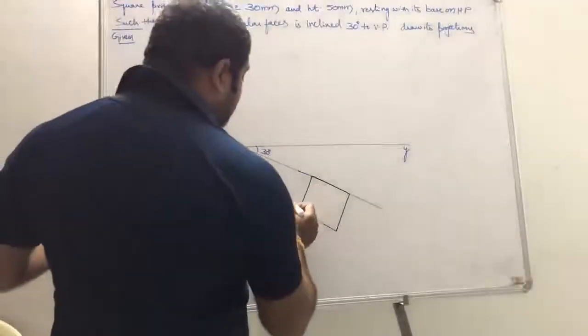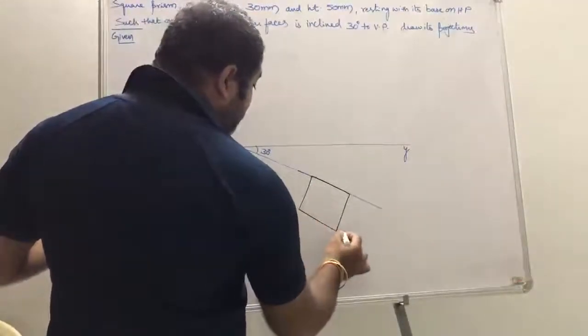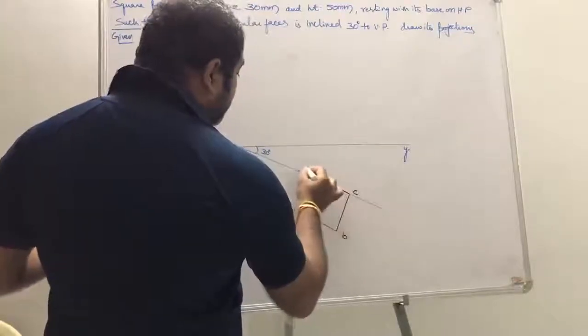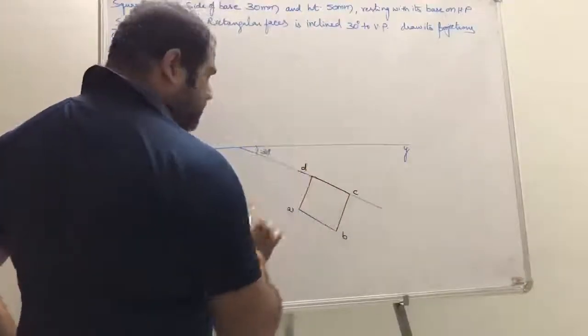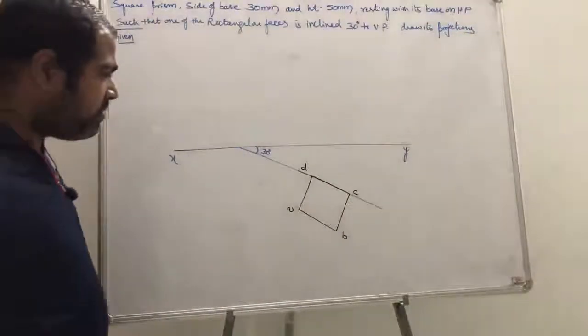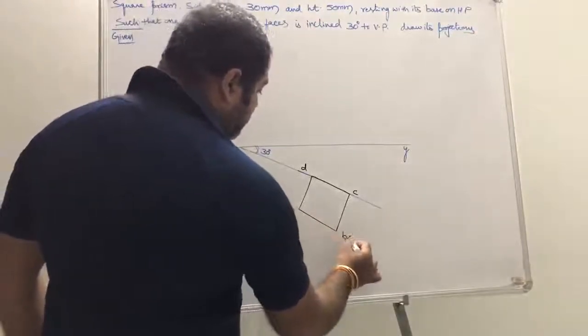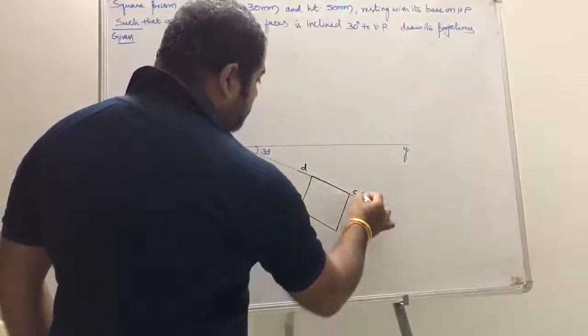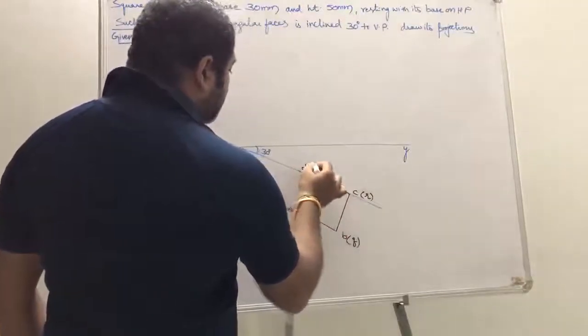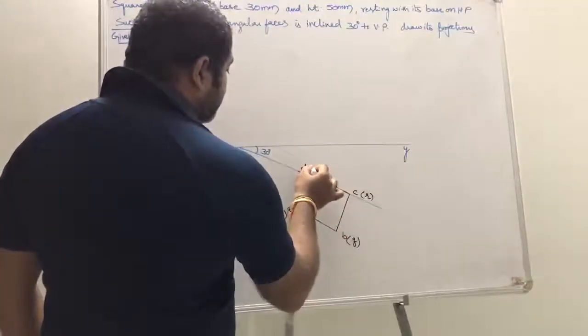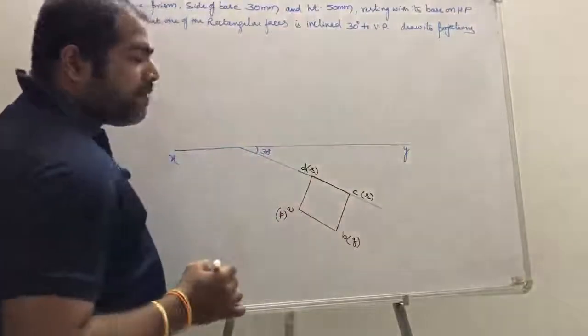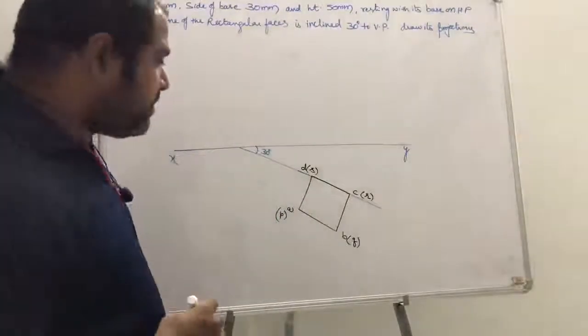Let us consider the points A, B, C, D, and below them P, Q, R, S, because it is a square prism.